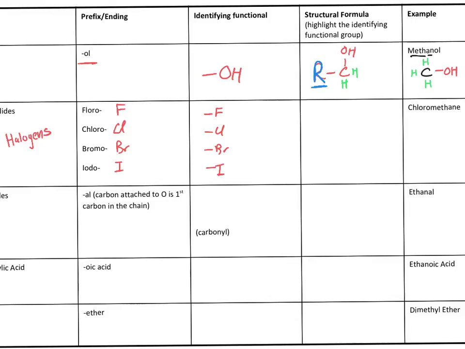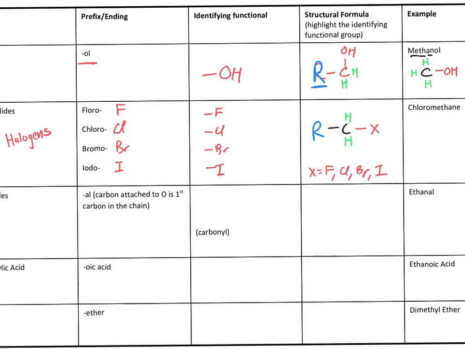Now, the structural formula, ladies and gentlemen, is going to be R with a carbon somewhere, and attached to it, I might say an X, where X could be fluorine, chlorine, bromine, or iodine. And then I have to add hydrogens so that the carbon has the rest of the 4 bonds that it needs to have.